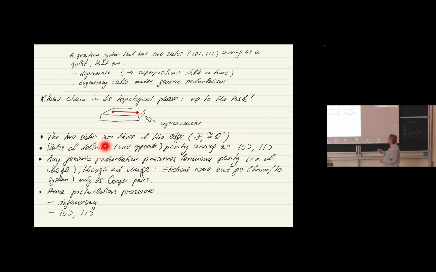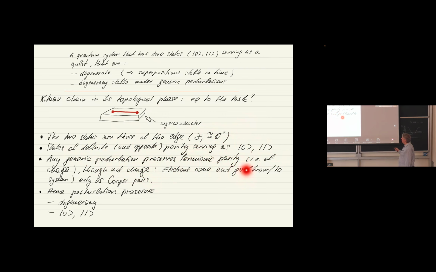So first, they have a definite and opposite fermionic parity, and they may serve as the states 0 and 1 of the qubit. And any generic perturbation preserves the fermionic parity. Now this needs some comment.